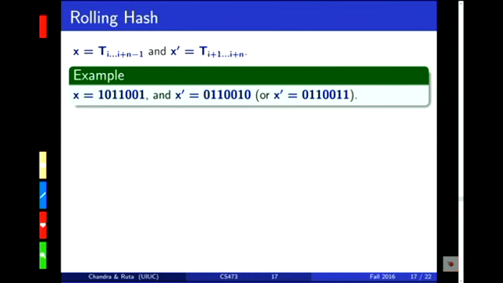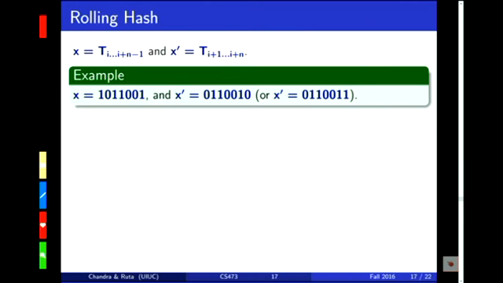Suppose I have these two strings, x and x prime, where x is the substring at i, and x prime is the substring at i+1. There is a lot of common bits between x and x prime. Suppose x is this pattern, 1 0 1 1 0 0 1.